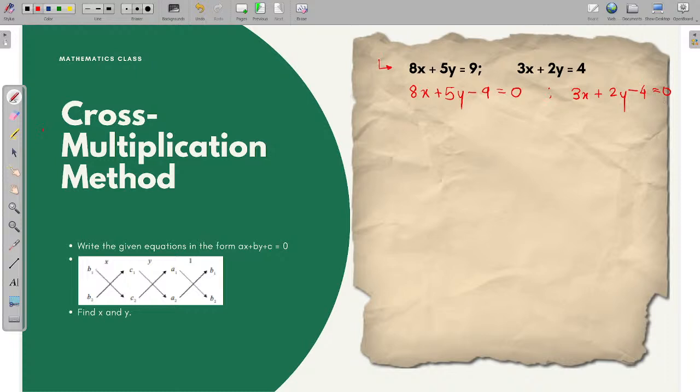Good. So this is the first step, and then write these numbers like this: x, and start with b1. Write b1 on this side and c1 on the other side, that is minus 9. Then write this 2 here and write this minus 4.